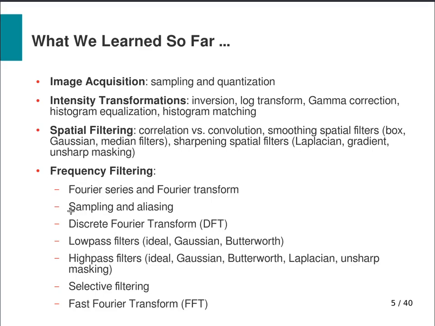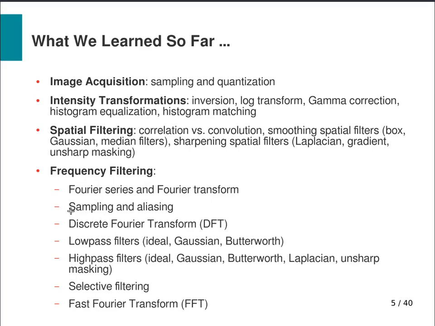We specifically talked about aliasing. Then we moved forward with the discrete Fourier transform, in which both the input signal and the output transform are discrete functions. Then based on the definition of the discrete Fourier transform, we saw how low-pass filters and high-pass filters work.